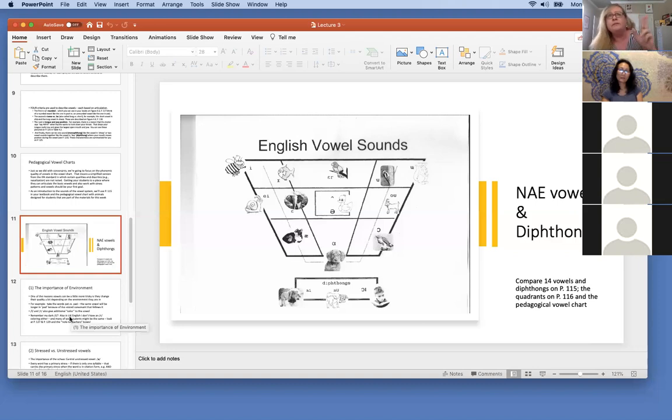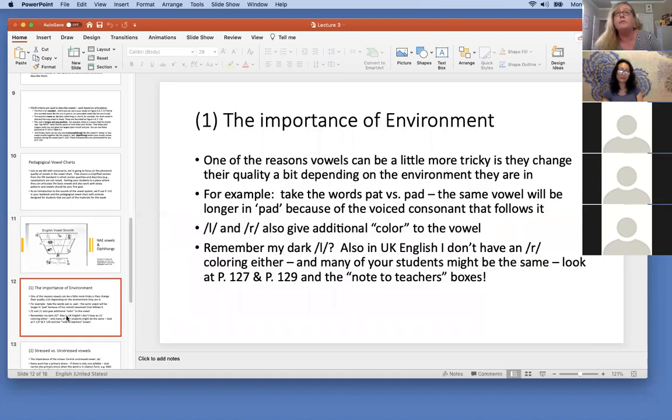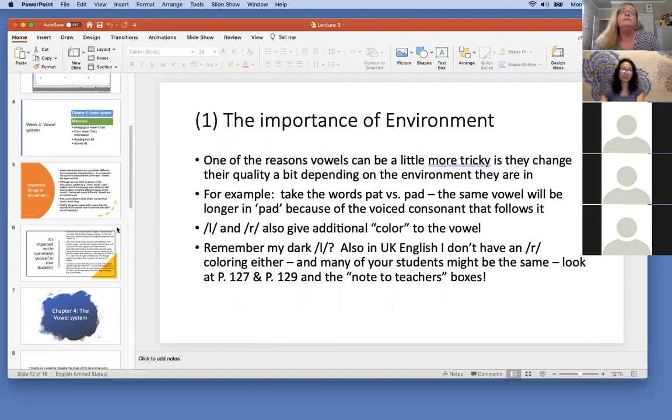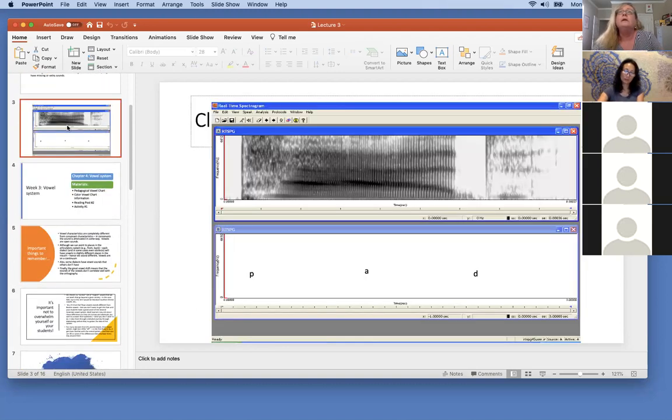But there's a couple of other things that this chapter talks about that I want to point out to you. One of them is the importance of environment. Now, again, if we go back to the rather handy picture, this is a vowel formant structure. Every vowel has these dark striations.